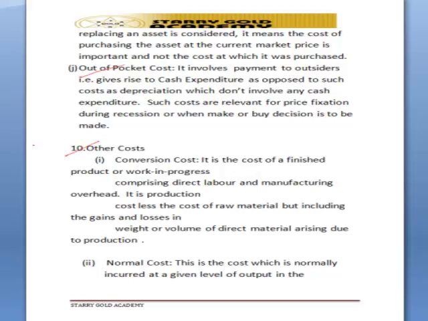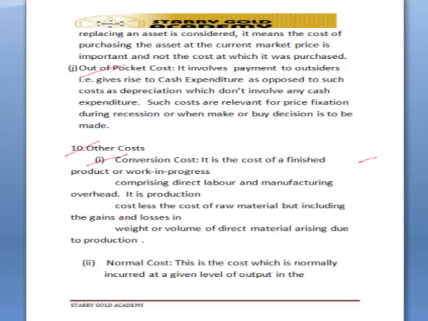So what it takes to turn a product from its raw material to its finished product is what we call conversion cost. So your conversion cost is very, very important. Whatever you incur to transform a raw material into finished goods is what we call conversion cost.